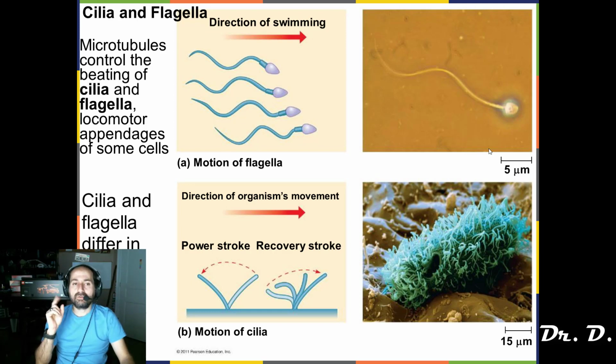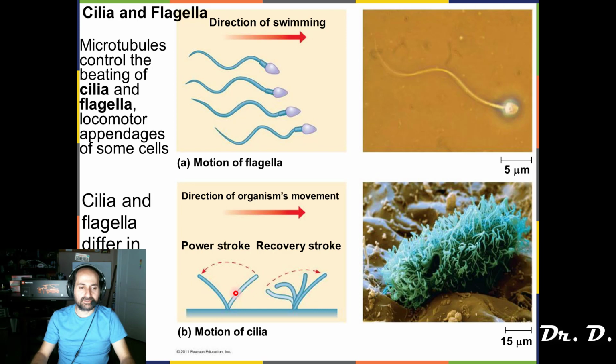Okay, what I want you to know is that microtubules are essential for flagella function. In fact, the flagella is lined with a bunch of microtubules. I'm going to show you exactly what the microtubules look like inside of the flagella in a minute. And another type of structure that depends on these microtubules are called cilia. Cilia are short hairs.